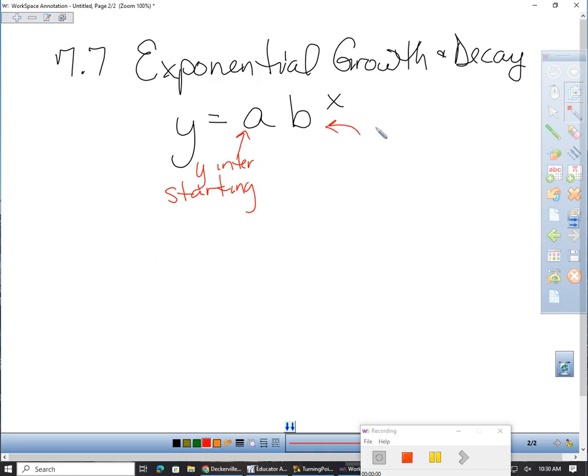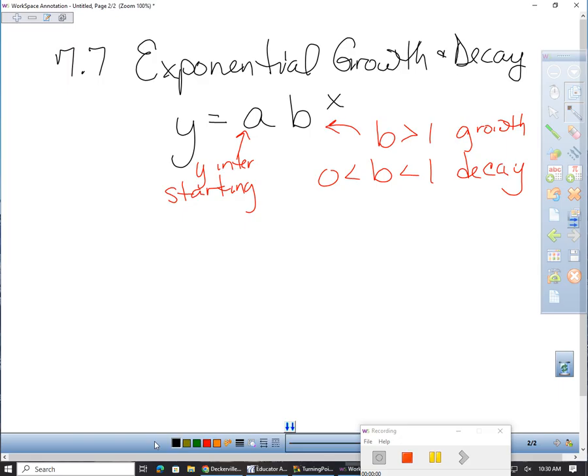Our b is our growth or decay. If b is greater than 1, then it's a growth. If b is between 0 and 1, it's a decay. That's what we talked about yesterday, right?